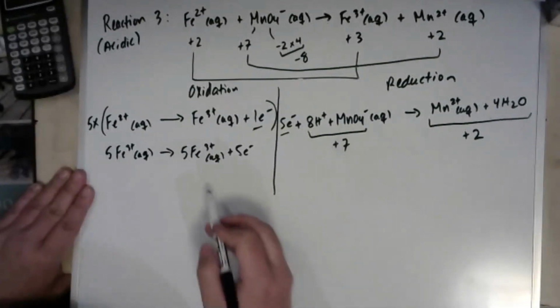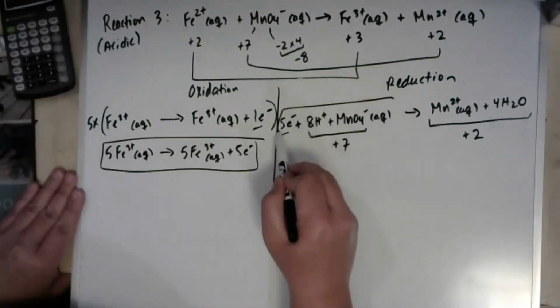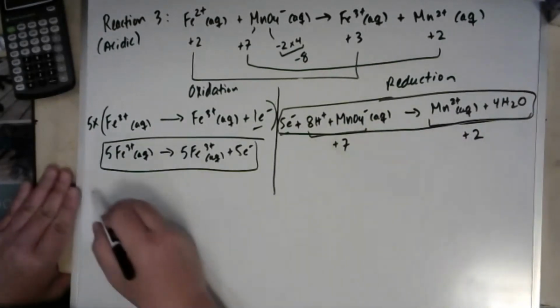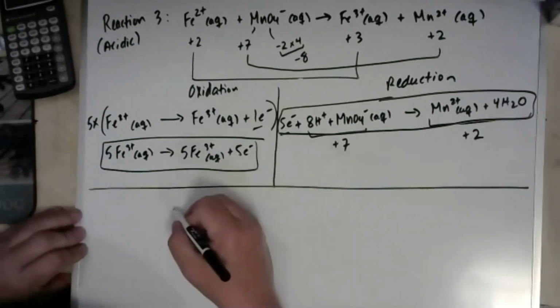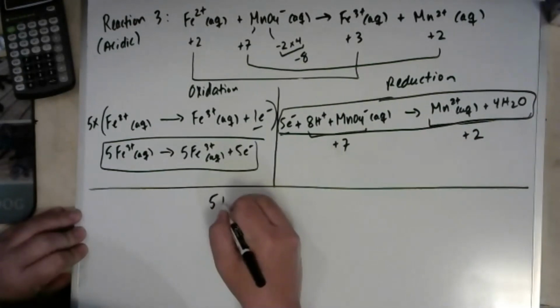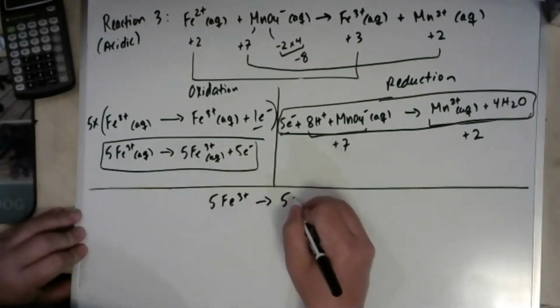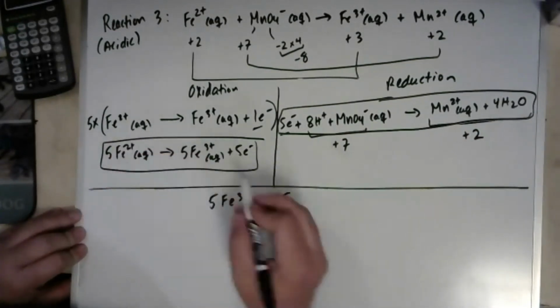Now I can take these two half reactions and add them together. Oh, I keep writing 3+ over here instead of 2+. I don't know why.